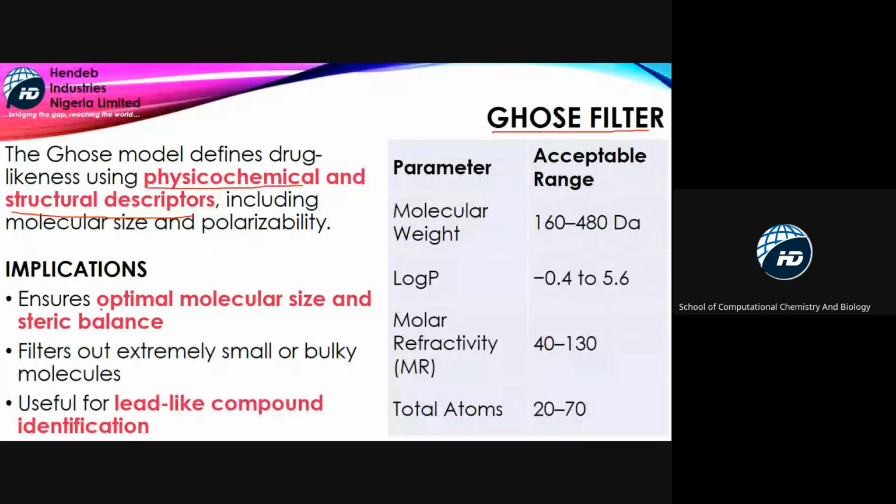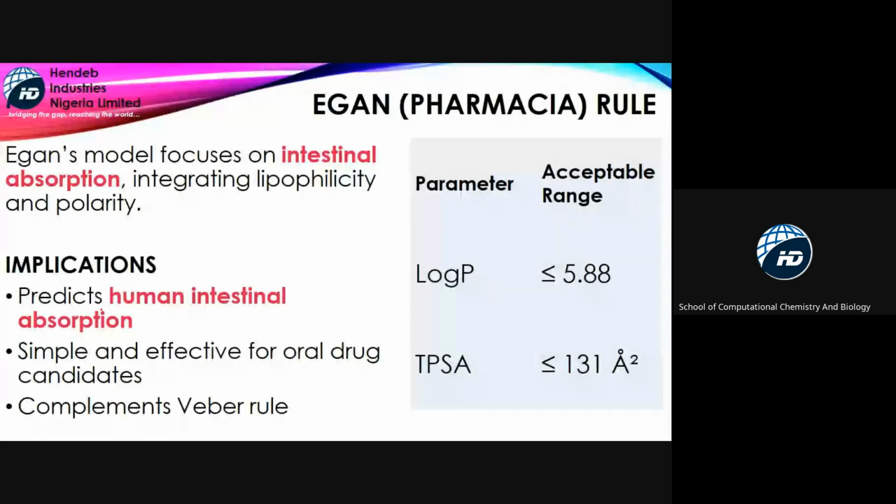It is useful for lead-like compound identification. So you can identify lead compounds from there because those compounds are not too small, not too large, so they fit properly to the conditions for a lead compound. So you can see the molar refractivity, the total atoms. These conditions too are what make up the Gauss filter. Then the hidden rule.